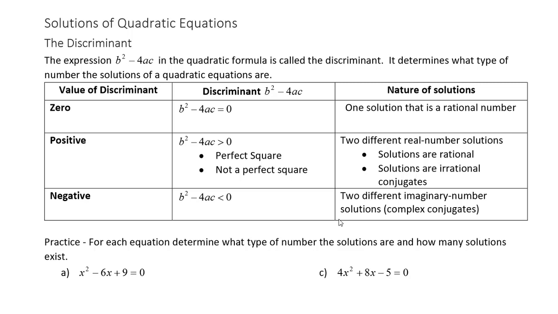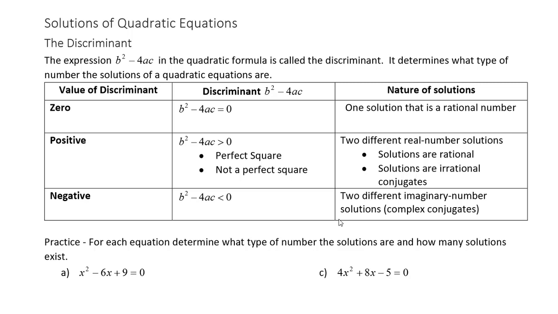So if you have a discriminant equal to 0, this will give you one solution that is a rational number. If you have positive values inside your discriminant, b squared minus 4ac is greater than 0, you either have a perfect square or not a perfect square.